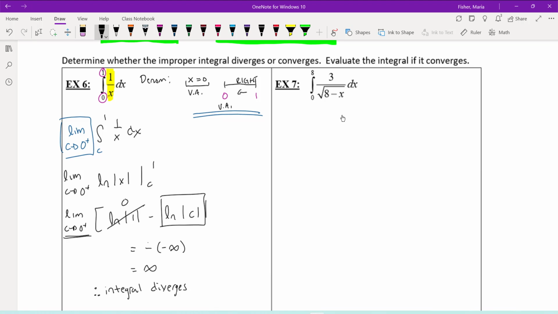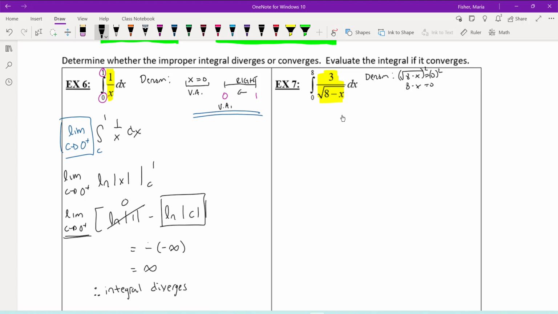Number 7, I don't see a limit of integration that's positive or negative infinity, so this has to be one that has a vertical asymptote. Set the denominator equal to 0 to figure out where you have a vertical asymptote. So here's my function. My denominator is the square root of 8 minus x. I set it equal to 0. If I square both sides, I get 8 minus x is equal to 0.